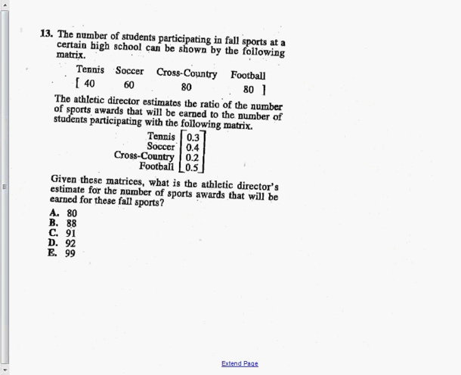If you multiply these decimals by 100%, you get 30% for tennis. But 30% of what? You see, the percent is an operator. It wants to operate on something. 30% of what? 30% here of tennis, 30% times 40, right?